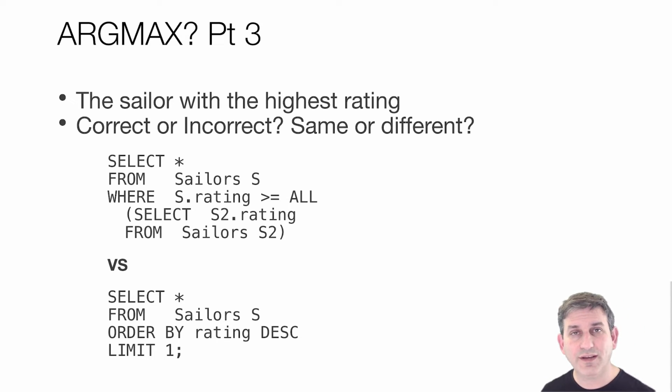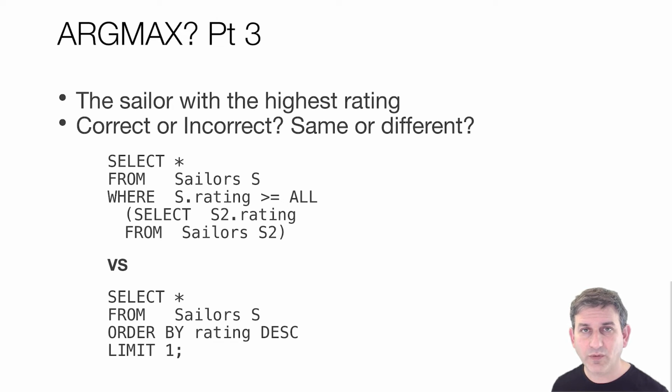Are these two queries the same? Not quite. The second query here, the one with the limit 1, is guaranteed to return exactly one row. The first query actually could return a set of sailors, all of whom are tied for the highest rating. So it's possible that 3 sailors all have the highest rating. The first query will return all 3 of them.